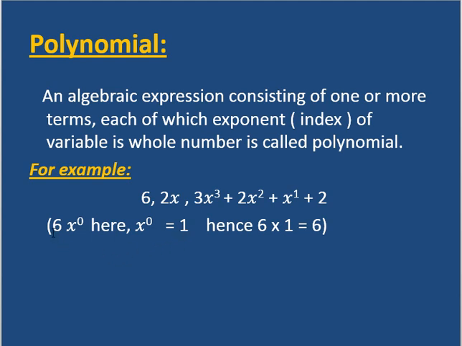Then 6 multiplied by 1 equals 6. So again you have seen, hidden variable x power 0 is equal to 1, and when 6 is multiplied by 1, again we have the same answer 6. So there is no need to mention x power 0, because you will get the same number again.